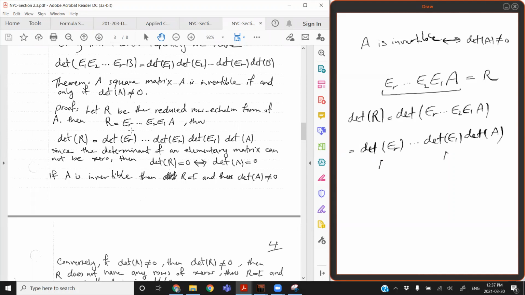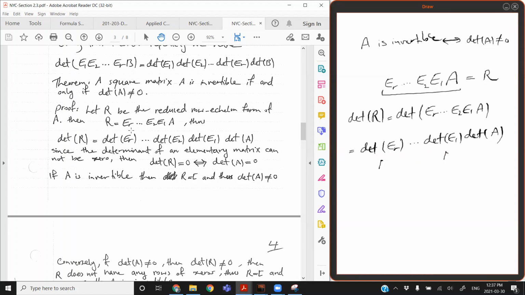If it's the result of a pivot operation on I, the determinant is going to be 1. And if it's the result of multiplying one row of I by a non-zero number C, then the determinant is going to be that non-zero number C. So none of these are zeros.